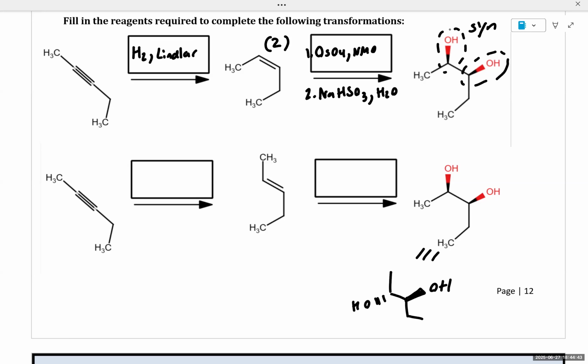So what we can recognize is to go from here to here, we don't need syn dihydroxylation, we need anti-dihydroxylation. So you're going to need to be very cognizant of the conditions needed to prepare this diol via anti-dihydroxylation. With this hint in mind, you may want to pause the video, work through this example, and then we'll discuss. As you can see, overall, we're trying to find two unique methods to prepare the same product with a defined stereochemistry.